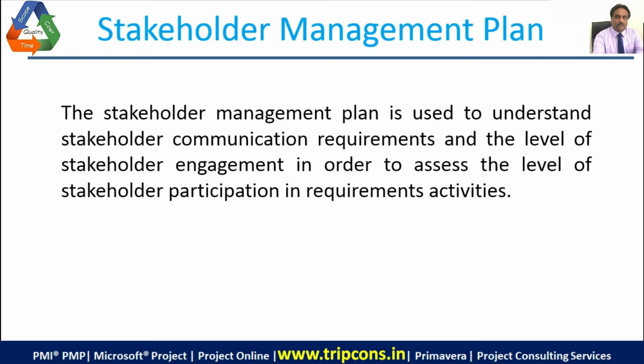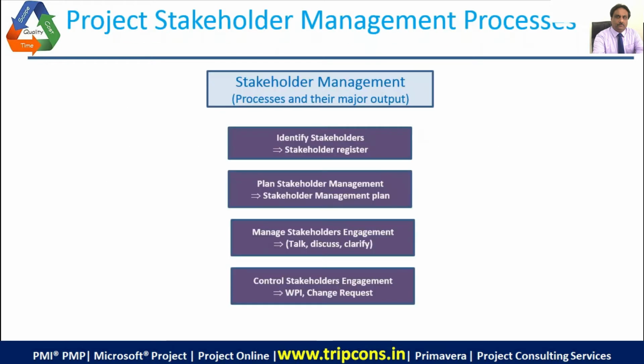Okay, so let's see. These are the various processes of stakeholder management. We have 4 processes. First of all, we identify stakeholders. This is something we do immediately after we have received the charter.